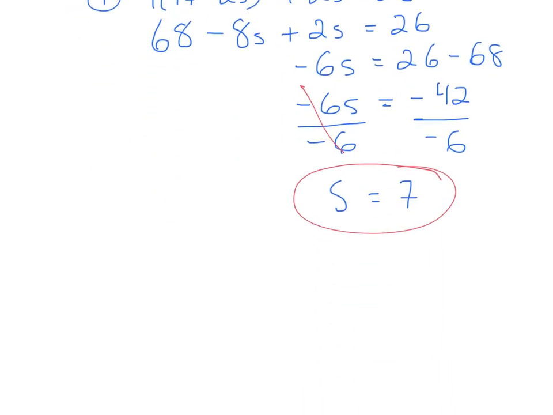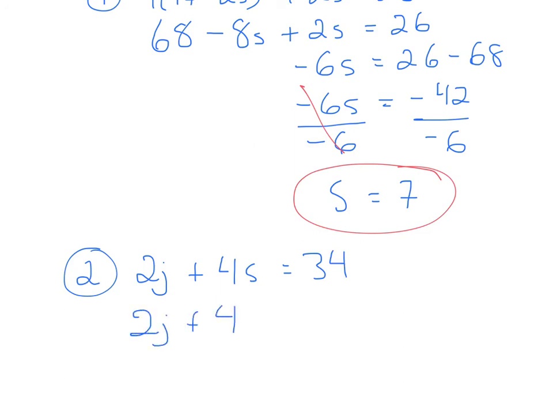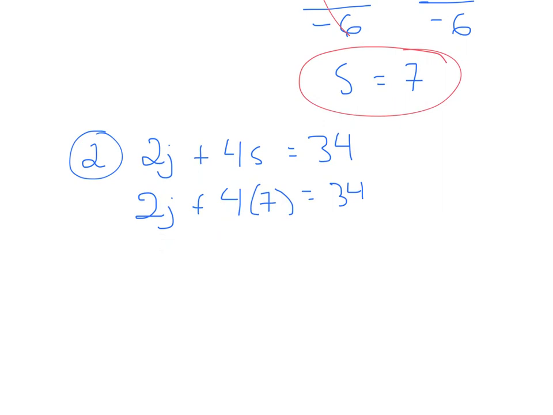So I'm going to write out 2 again: 2j plus 4s equals 34. Substitute in for s so I can solve for j. 4 times 7 is 28. So I have 2j plus 28 equals 34.